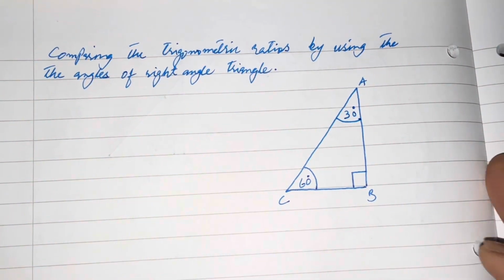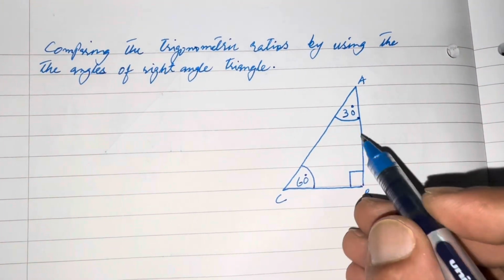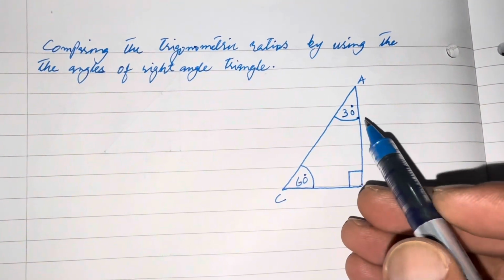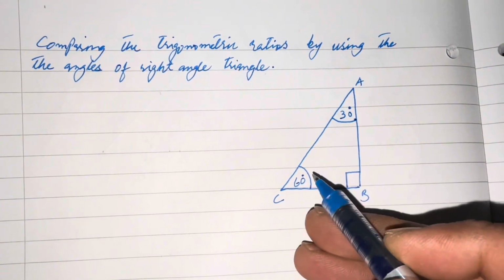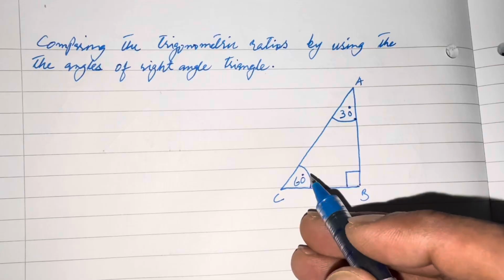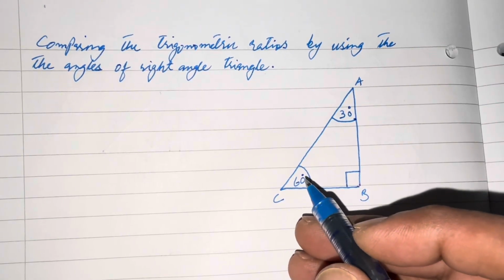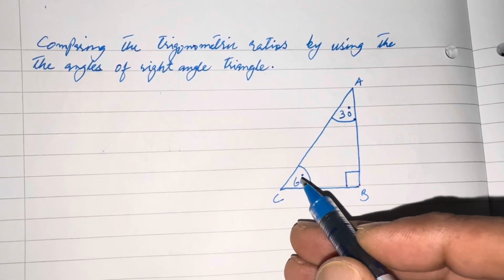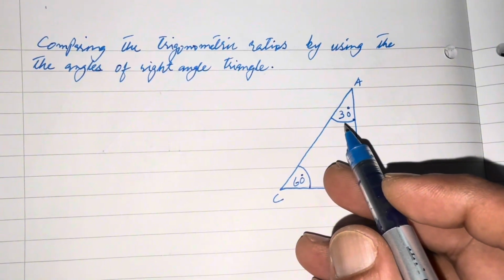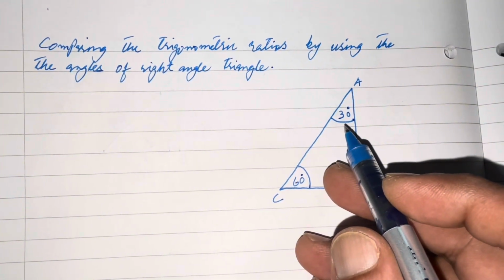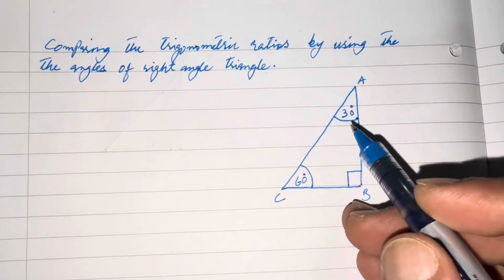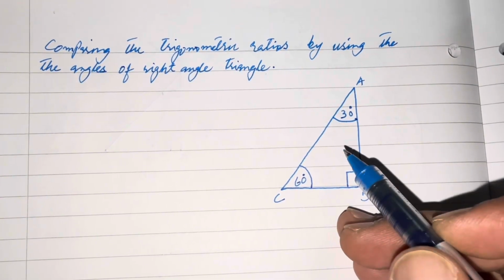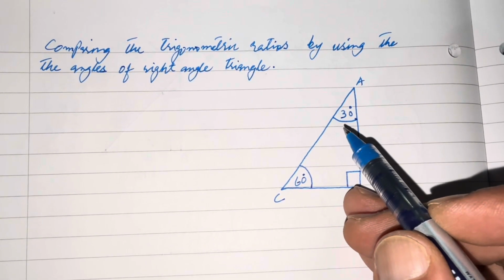So now we are going to find the different trigonometric ratios with the help of these two angles, and then compare what's going to happen with the trigonometric ratios of 60 degrees and the trigonometric ratios of 30 degrees. So let's say I'm going to give the names of the sides with small letters.